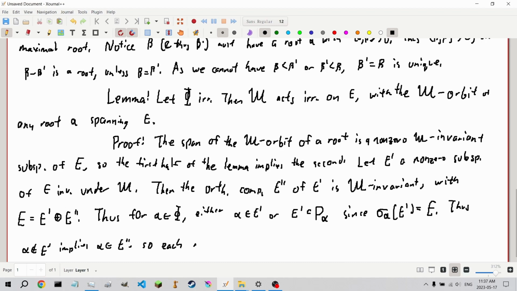So each root lies in exactly one of E prime and E double prime.